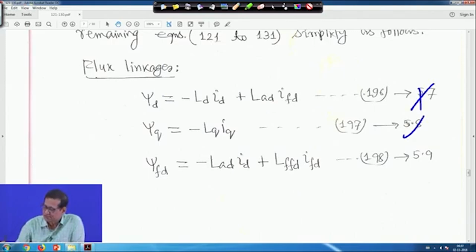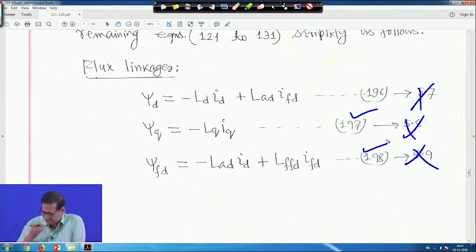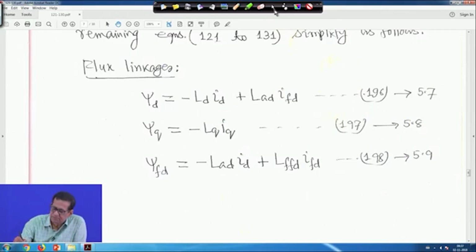This is not for you, this is for my reference, right. So, psi q is equal to minus L q I q, this is equation 197, and psi f d is equal to minus L A d I d plus L f f d I f d, this is equation 198. All these nomenclatures have been given before. So, right.